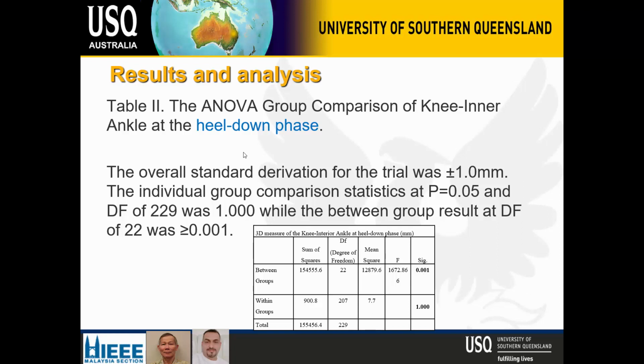The overall standard deviation of the trial was plus or minus 1 millimeter. The individual group comparison statistics at P equals 0.05 and degrees of freedom of 229 was 1, while the between group results at degrees of freedom of 22 was around 0.001.